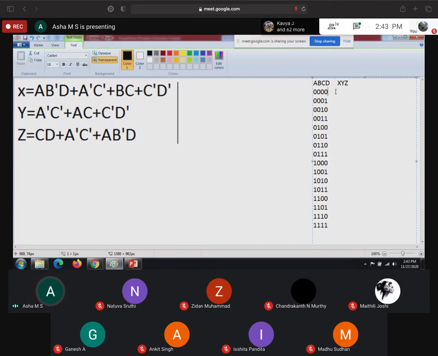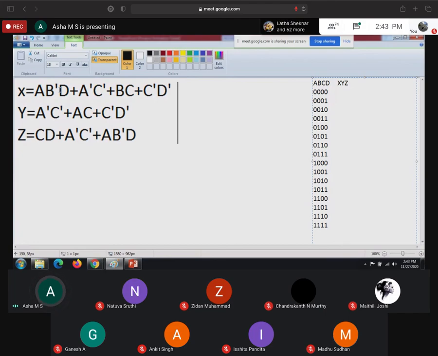Now how to fill the output column? Check here. What is the first product? The first product is A B bar D, meaning the value of A is 1, B is 0, D is 1.